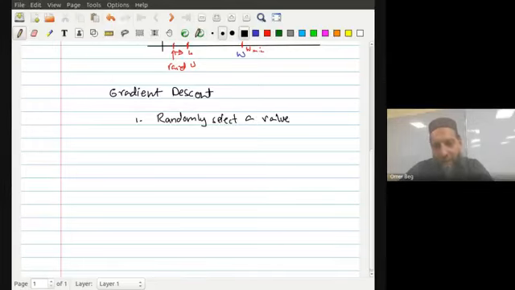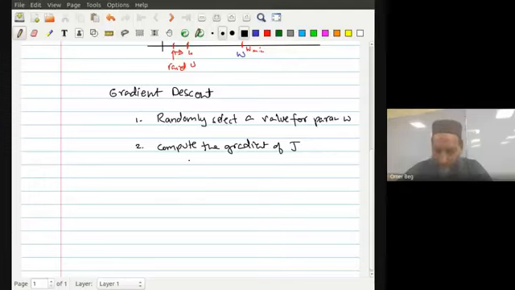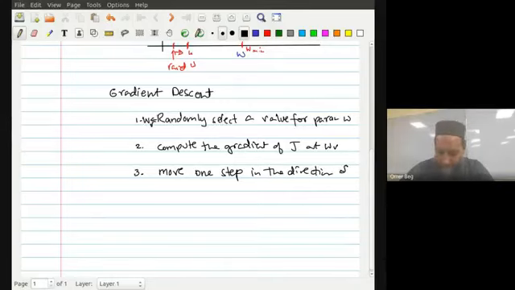In the second step, we compute the gradient of our cost function j at this w value, and we calculate the gradient of this cost function at this particular value. Then we move one step in the direction of the side where the gradient is less steep.